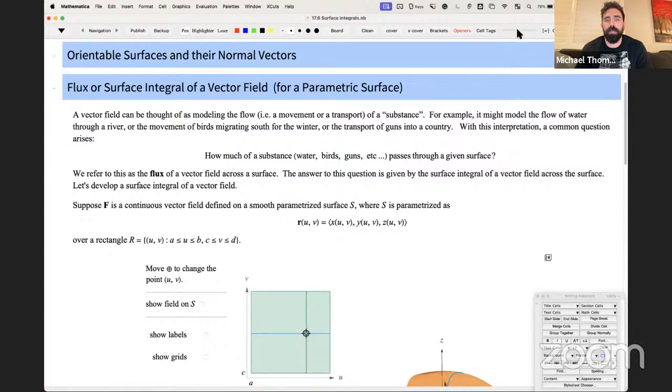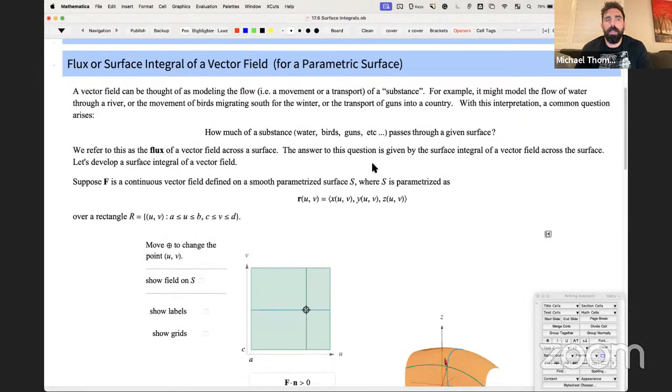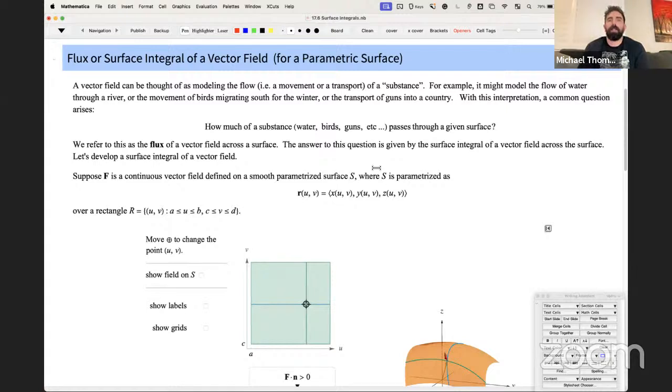So first of all, what does it mean to find a surface integral of a vector field across a parametrically defined surface? Well, when you think of a vector field, we're picturing it as a bunch of arrows, but you can think of it like a flow of some substance, or a movement or a transport. Maybe that substance is water, maybe it's air, maybe it's a river, maybe it's birds migrating around, maybe it's the transport of guns moving into a country.